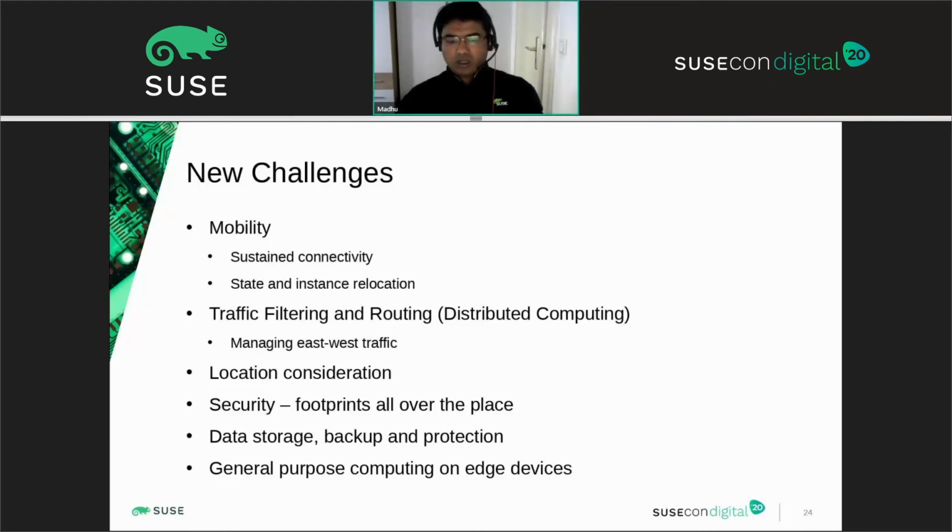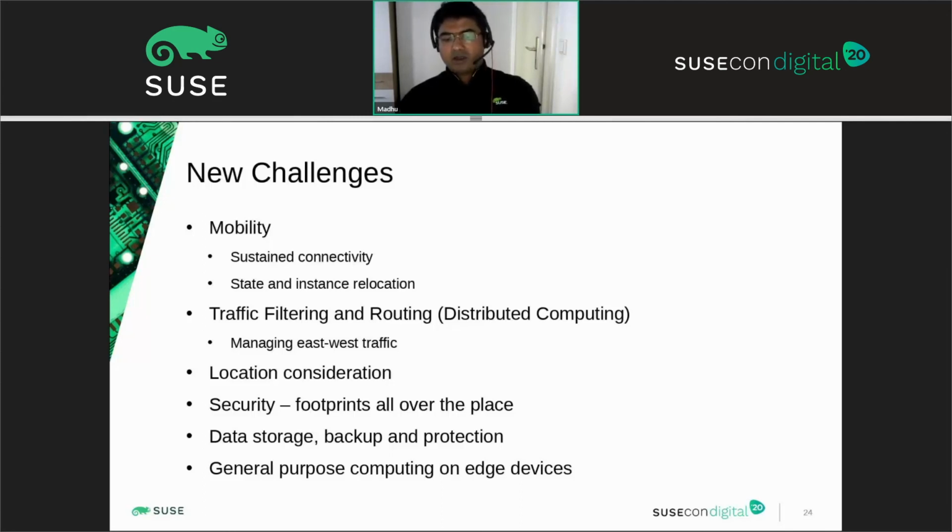So data storage, as we already talked about, the fact that the edge devices are not meant for massive data storage, and they need to be adapted to that. They're mostly traffic forwarders as of today, and they need a certain adaptation towards data storage and huge data analytics.